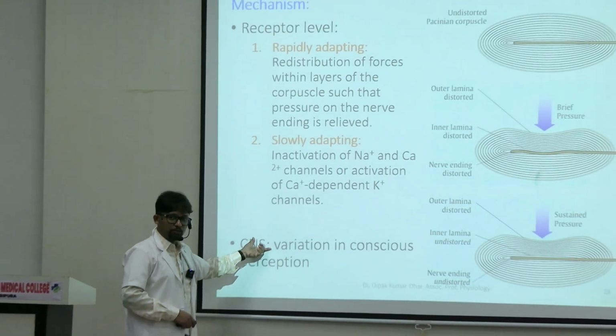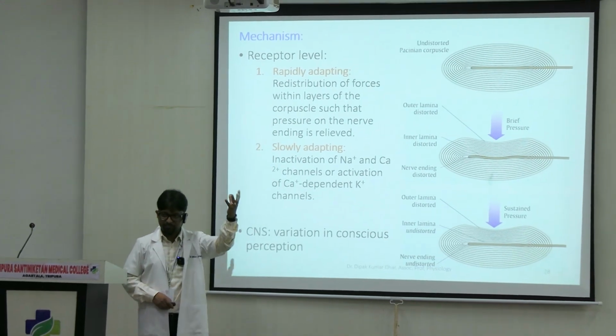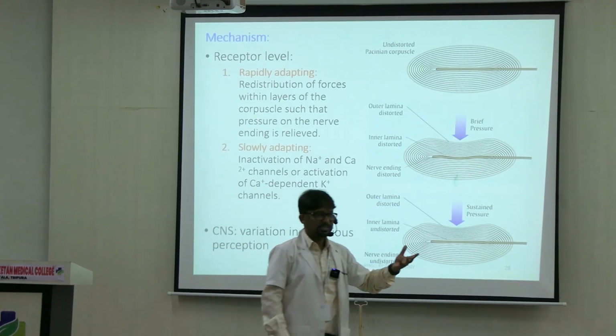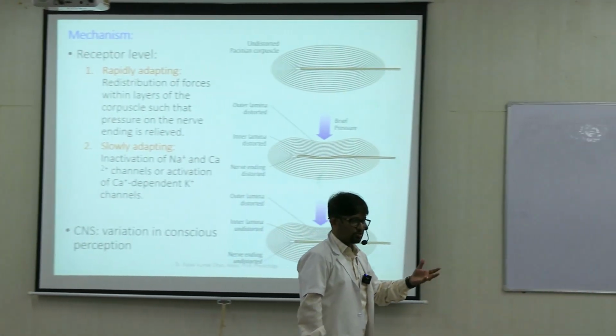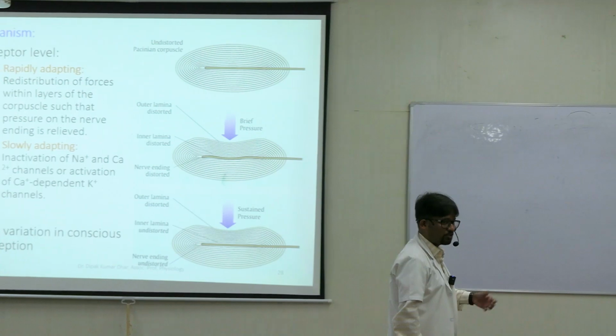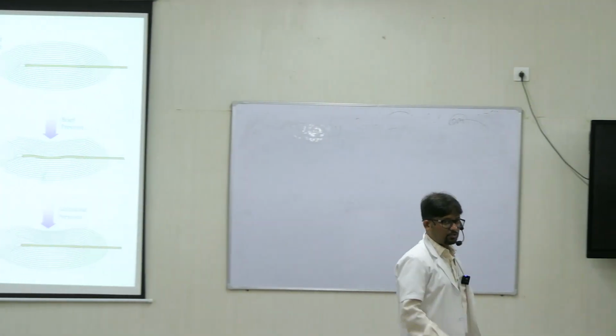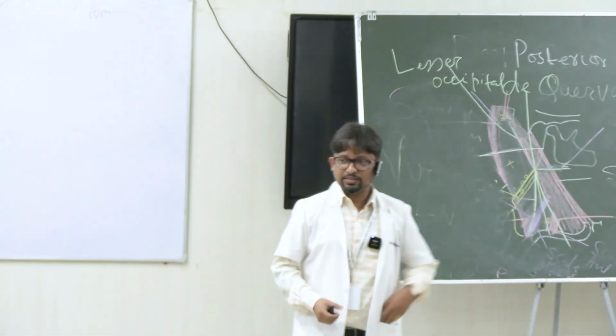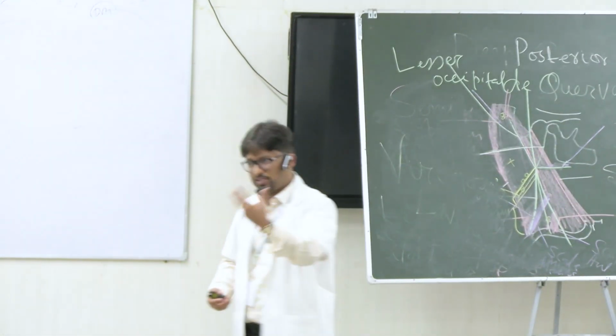The adaptation that happens in the CNS is happening at the level of the brain. Remember we talked about the properties of habituation in synapses. In the class on synapses we talked about one of the properties called habituation. So habituation is something which is happening at the level of the CNS, right? This is one.